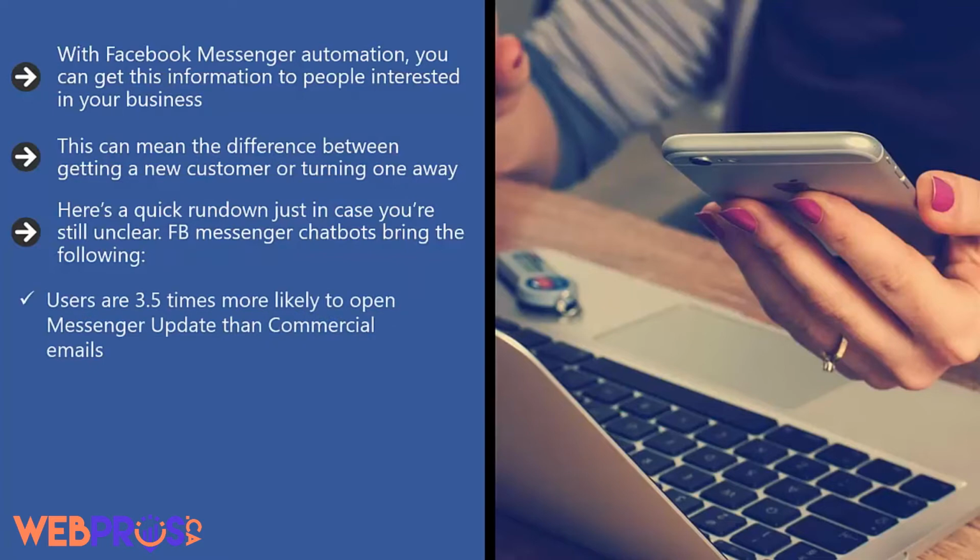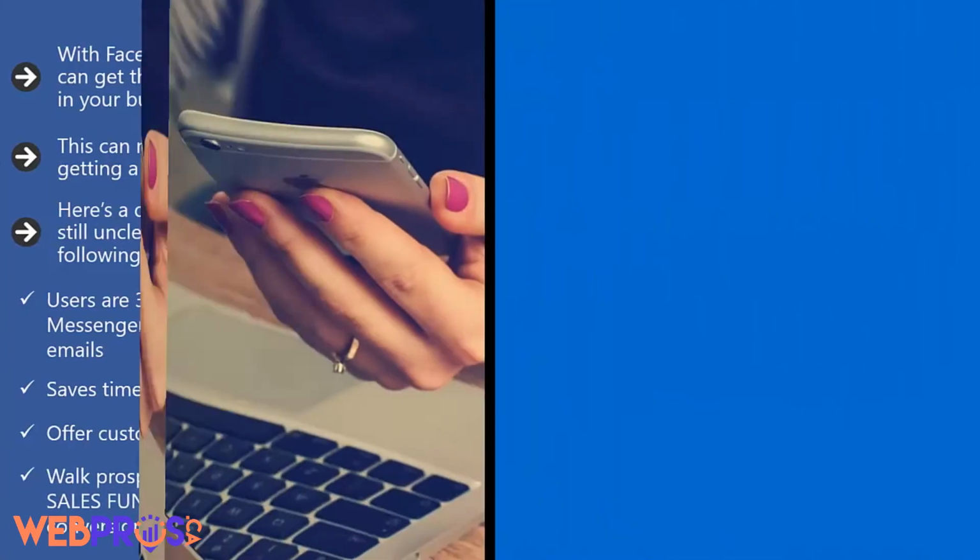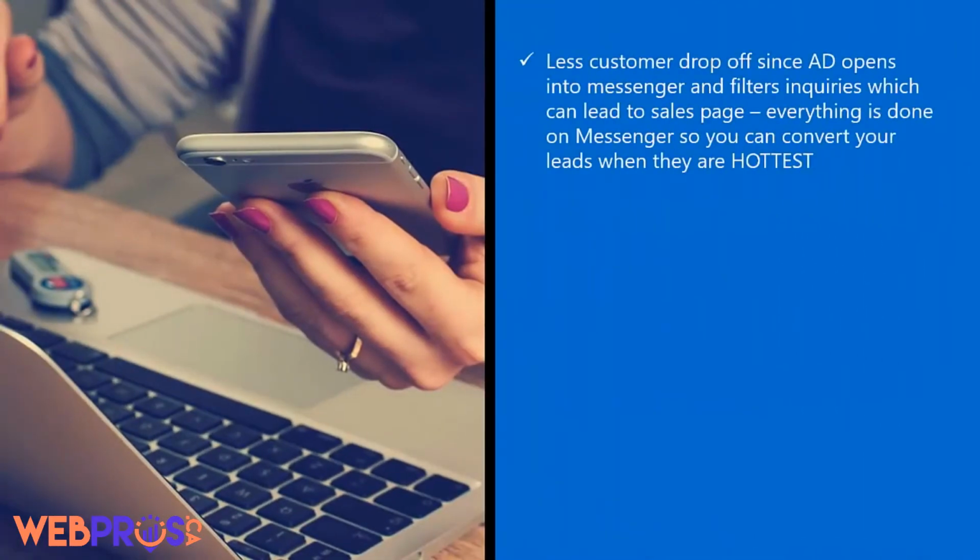Users are 3.5 times more likely to open a Messenger update than commercial emails. Saves time on customer service. Offers customer service 24/7. Walks prospects through an automated sales funnel, which can lead to conversion. Less customer drop-off, since the ad opens in Messenger and filters inquiries, which can lead to a sales page. Everything is done on Messenger, so you can convert your leads when they are hottest.